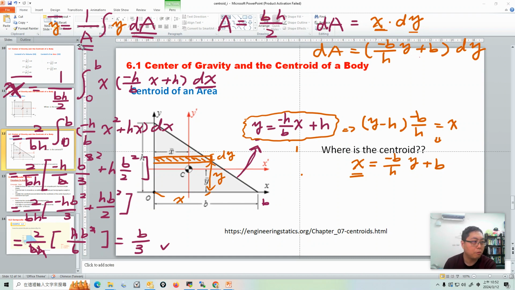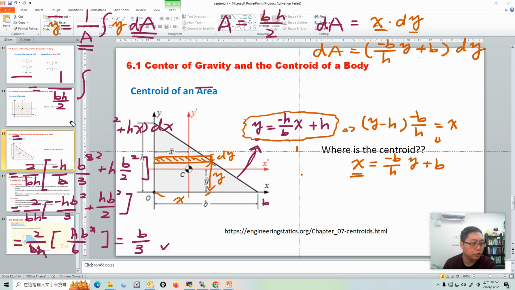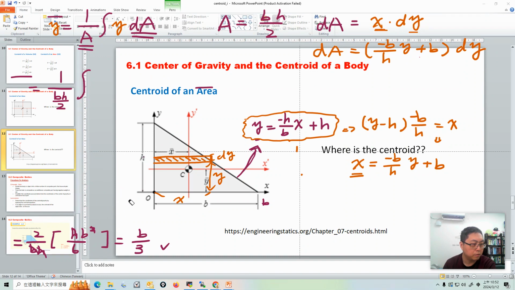So we use the formula to calculate the y bar. It's pretty much the same procedure, but we have to make a little adjustment here, and the calculation is a little different. Okay, that's back to work.